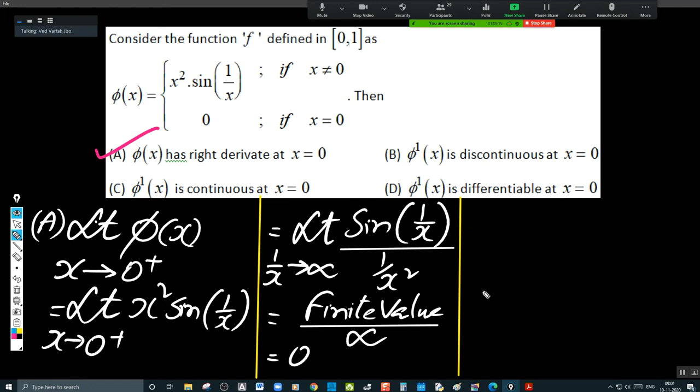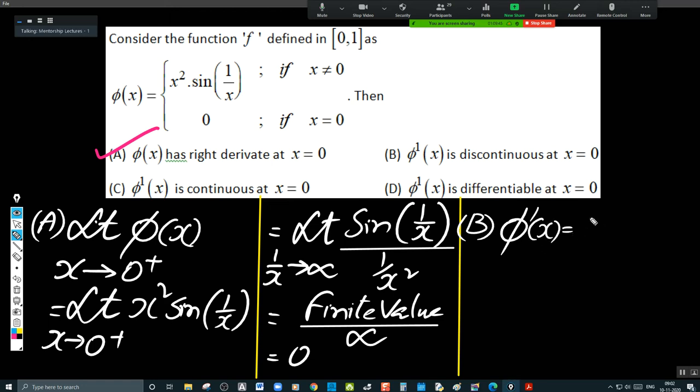Yes, sir. Sir, we found the value of the function here, not the derivative. Correct. What I was discussing is the function, but he's asking for the derivative. Phi dash x. Let us find it out.